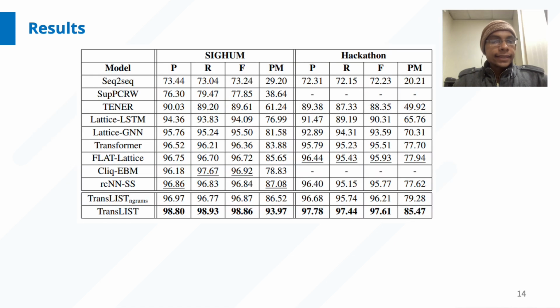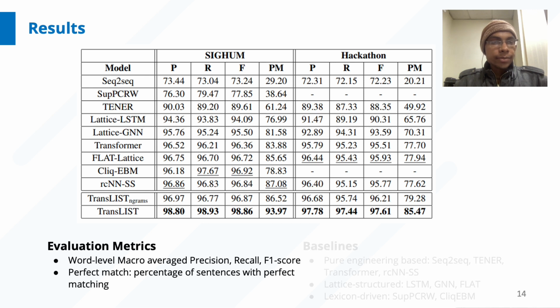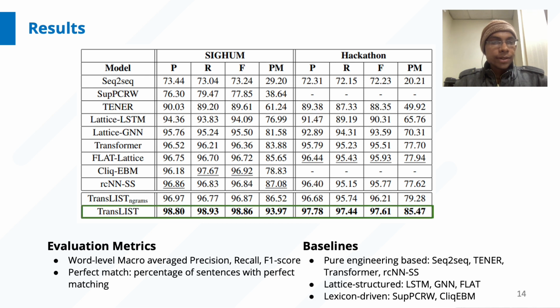These are the results. Compared to all the strong baselines that we evaluated, our system reports the best performance. Specifically, it shows improved performance on the perfect match metric, so it shows considerable improvements in terms of perfect match.